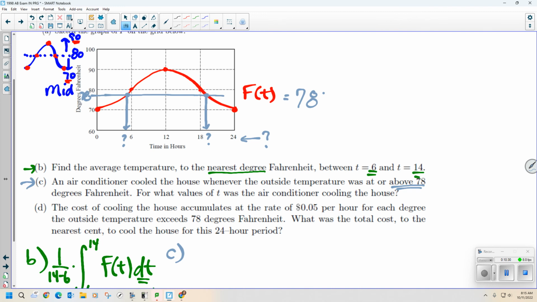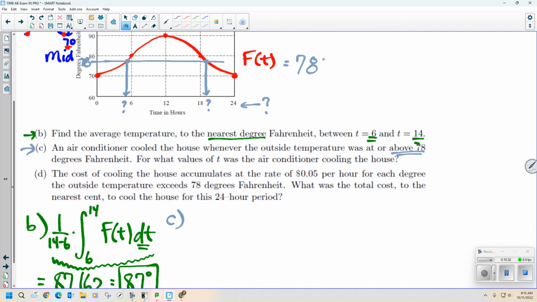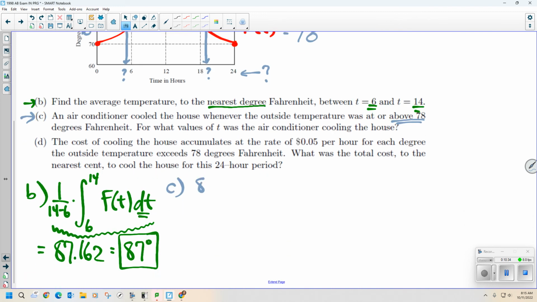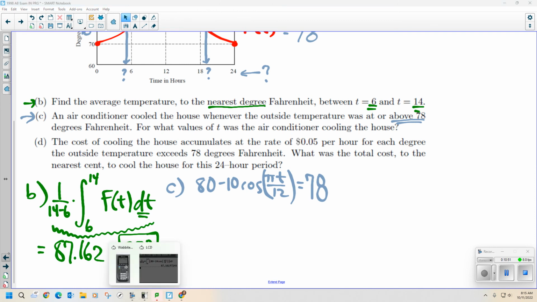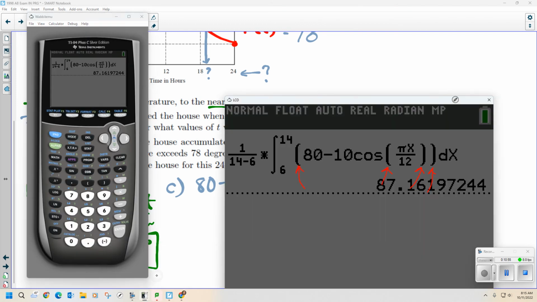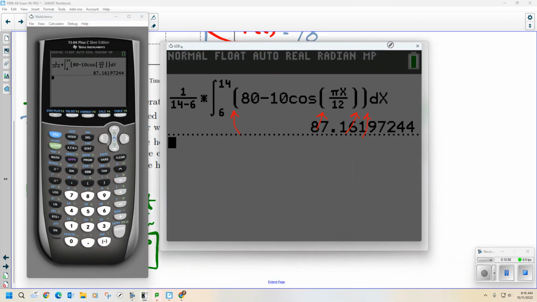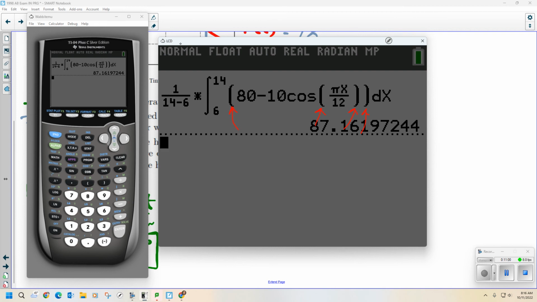Anytime I have two equations, like 80 minus 10 cosine of pi t over 12 equals 78, I just put both graphs in the calculator and use the intersect function. Remember, we get to use a calculator here. It would not be impossible to solve by hand, but it would be pretty complicated compared to using the calculator.